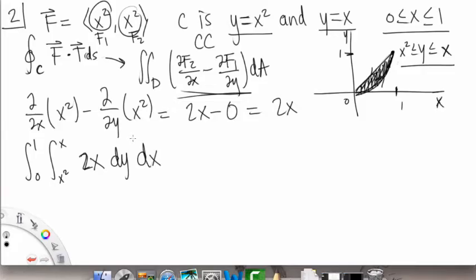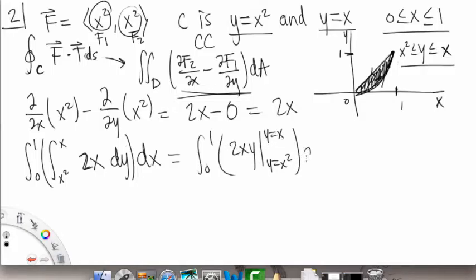Now let's compute from here. We're calculating the inner integral. Integrating with respect to y, we get 2xy as y goes from x squared up to x.